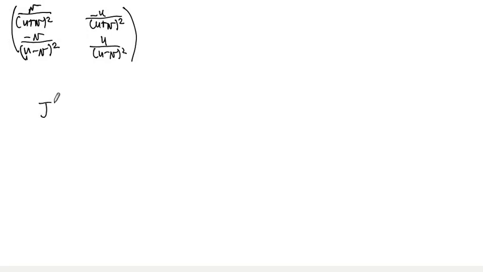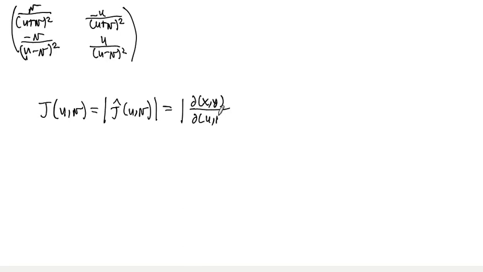Our Jacobian function, J of (u, v), is the determinant of the J hat matrix, and the other notation for the matrix was the partial of the point (x, y) with respect to (u, v). But remember how the determinant works. You take the products of the diagonals and then subtract them.